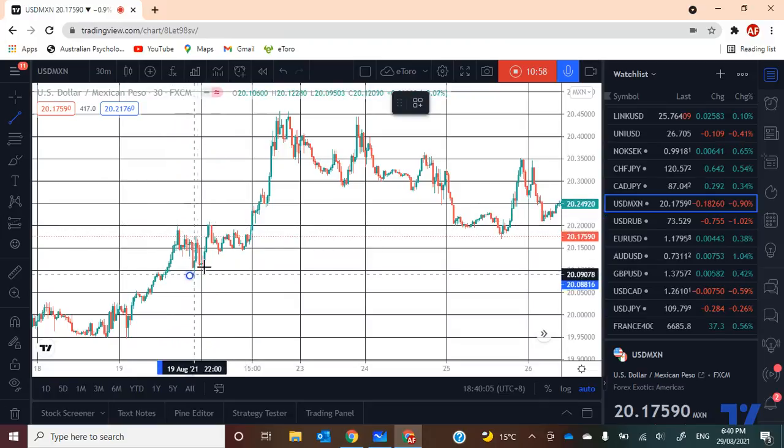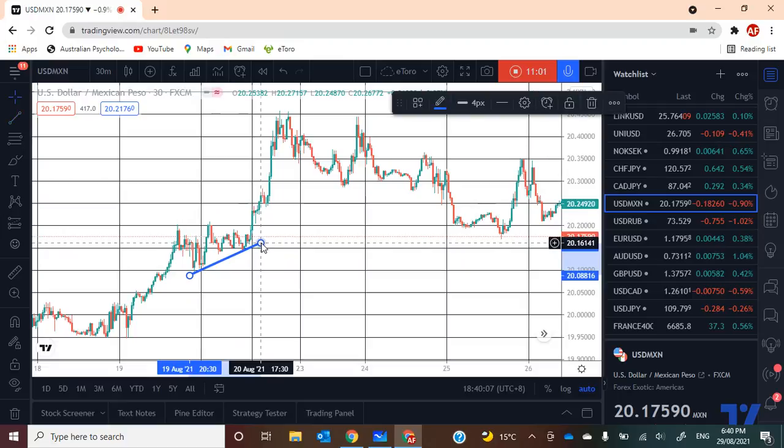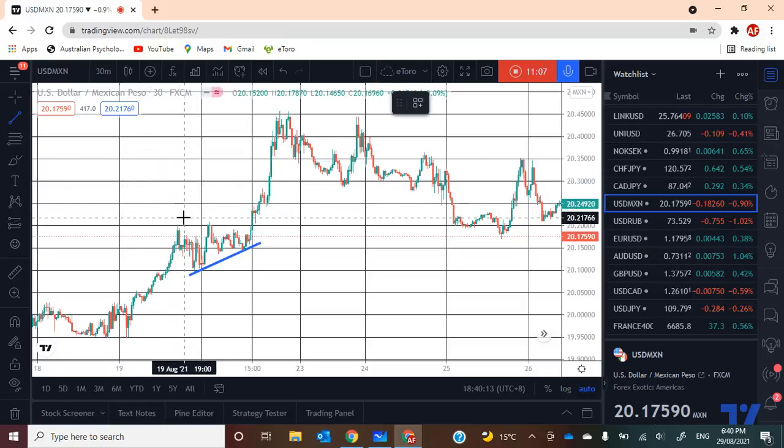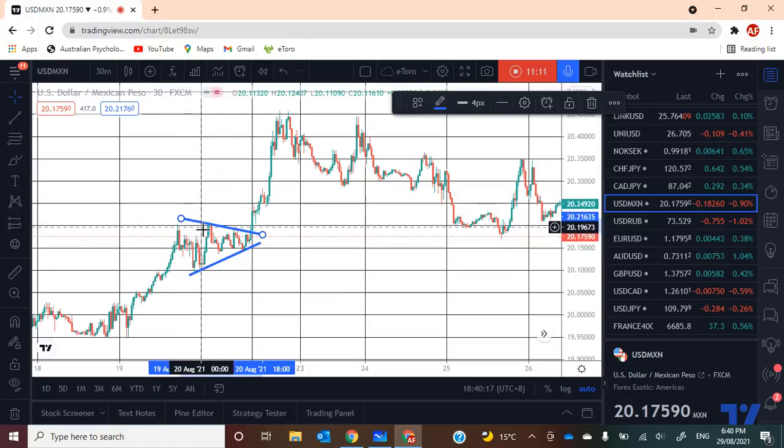So if we draw this one, and at the top you can see this. So we have one, two highs, and we can see one and two lows. So this is a triangle.